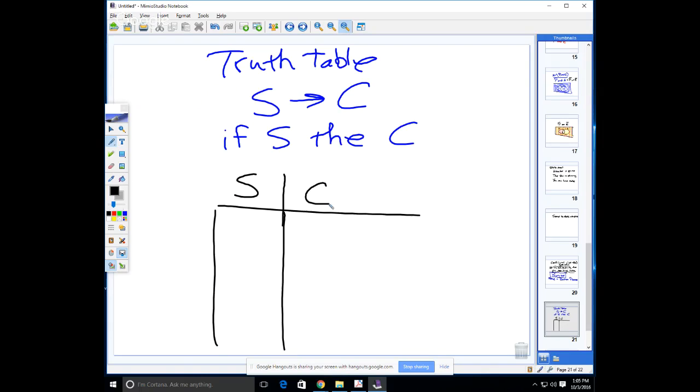Your second statement, C, and then ultimately we'll get to any compound statements after that. Okay, so I only have one compound statement, S implies C.